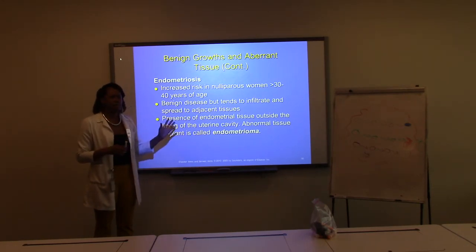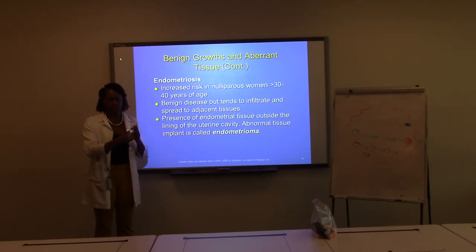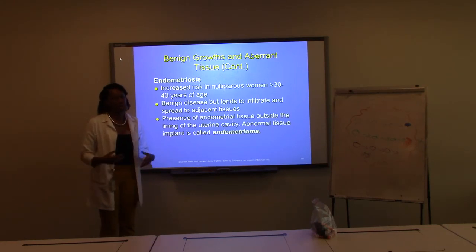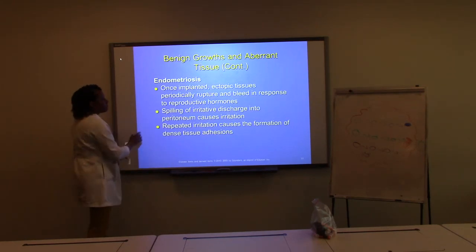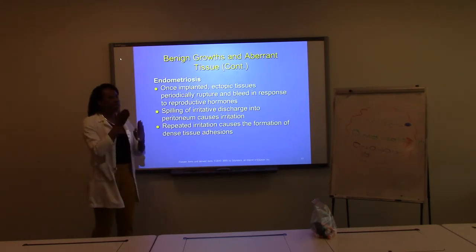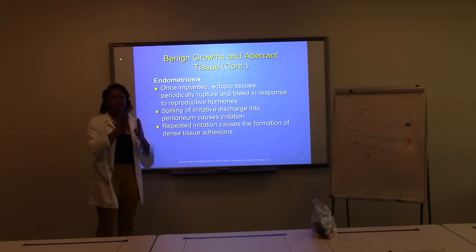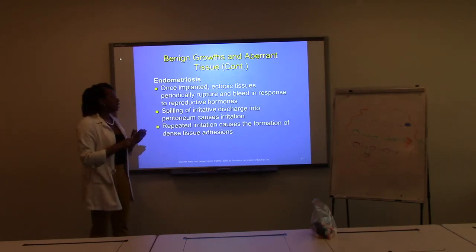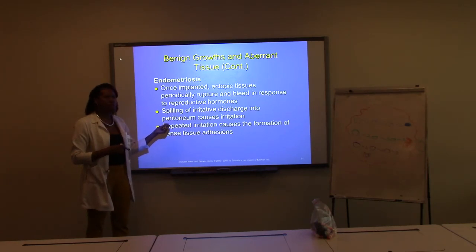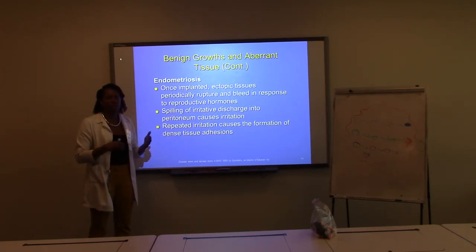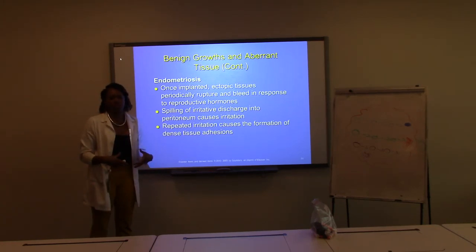Now this thickening, believe it or not, can not only occur in the uterus, but it can also occur in other reproductive organs. So when we have this thickening, understand that this can cause a lot of issues: it can cause irritation, it can cause bleeding, and cause a lot of issues with the patient's reproductive organs, which can obviously in turn lead to infertility.